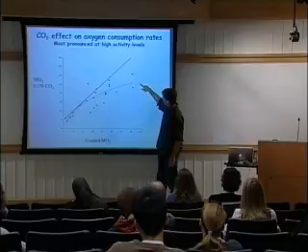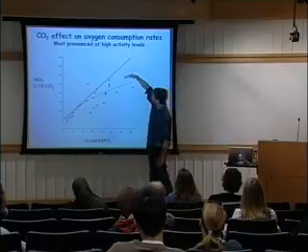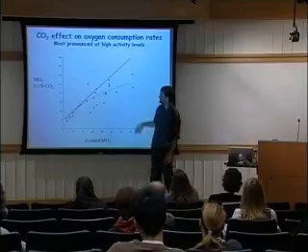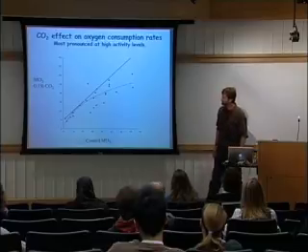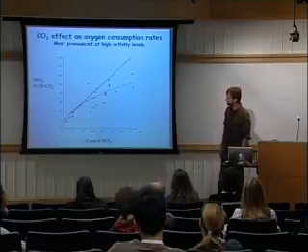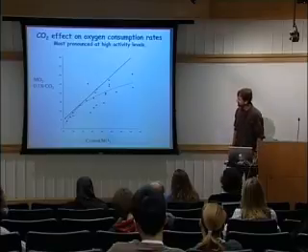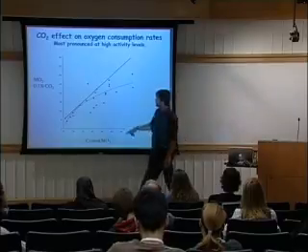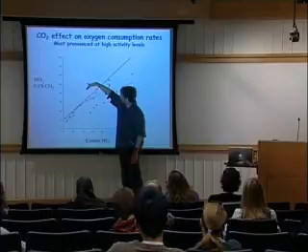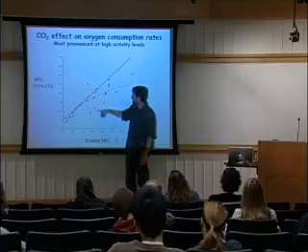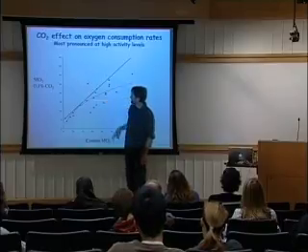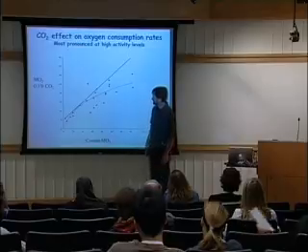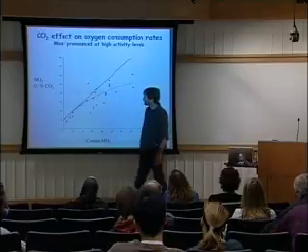So at very high control levels, they don't seem to be able to maintain that high level under high CO2 conditions. So anything on this side of this line indicates that it actually had a higher metabolic rate under high CO2 than under normal CO2, and that only happened in this one instance.